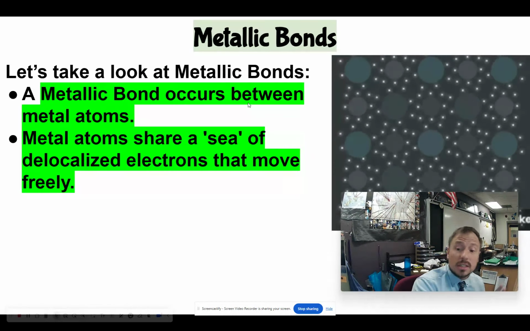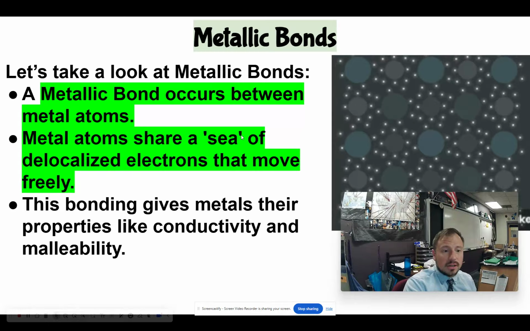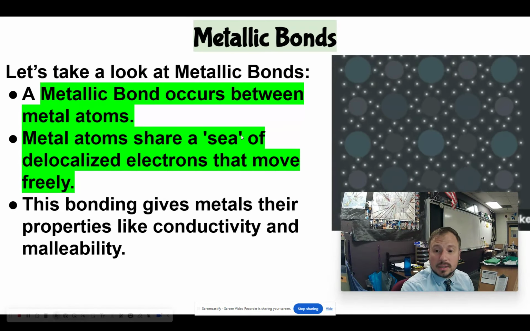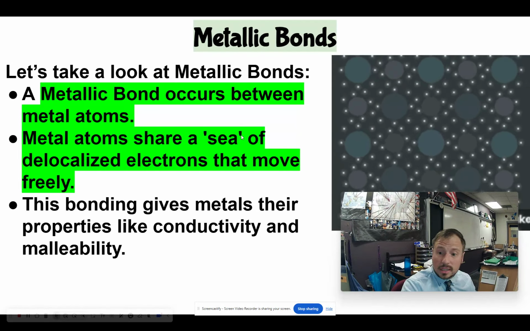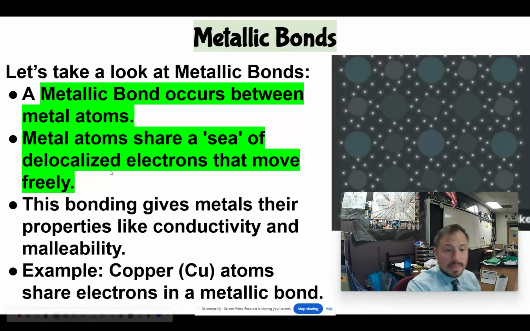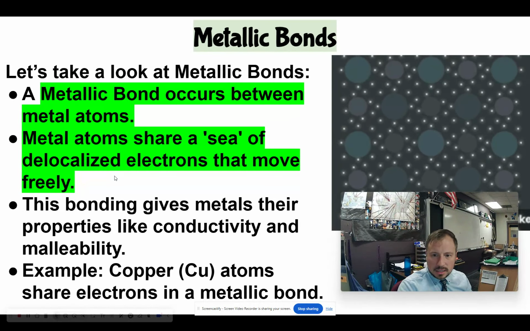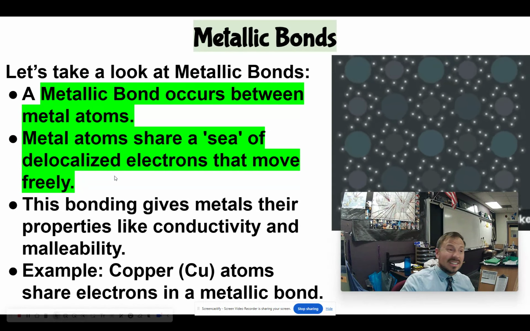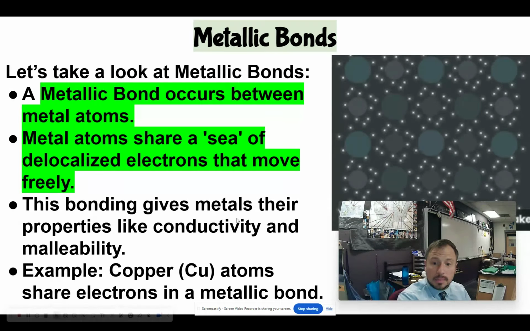That's why, and you'll see this a lot, the sea of electrons. Now this gives those metals their properties like conductivity and malleability. So they're very conductive to heat and electricity because those electrons can free flow freely. So an example would be like copper, right? They share electrons in a metallic bond. So basically, if you're looking at those like transition metals, these are very great examples of those metallic bonds.